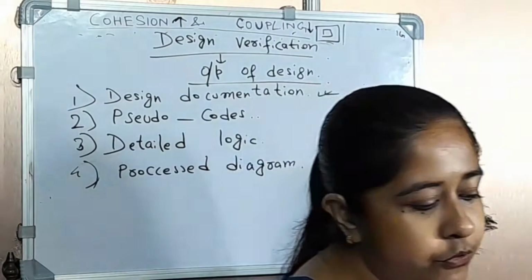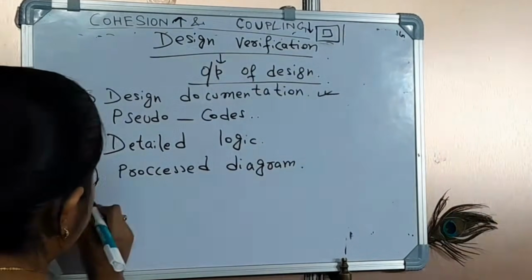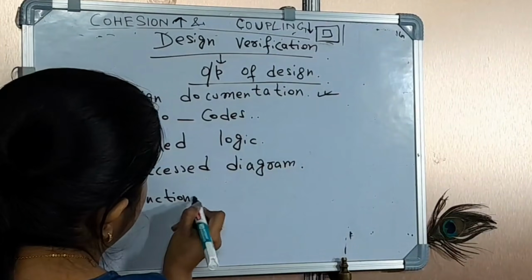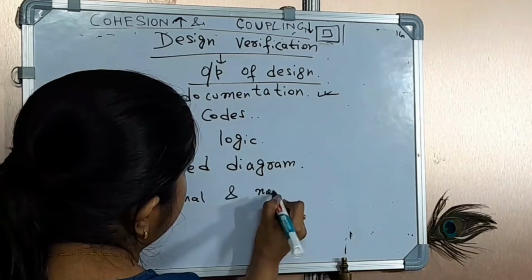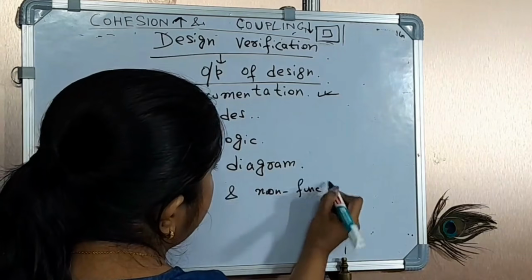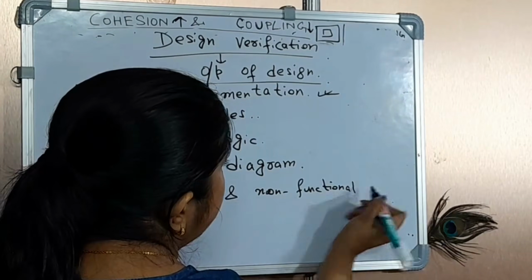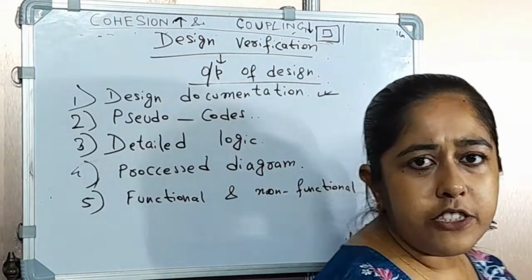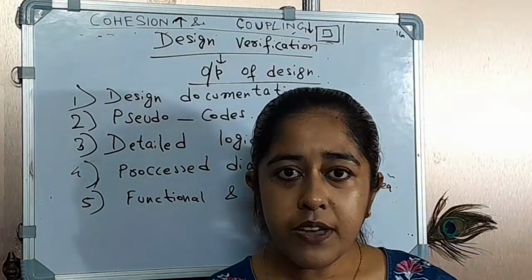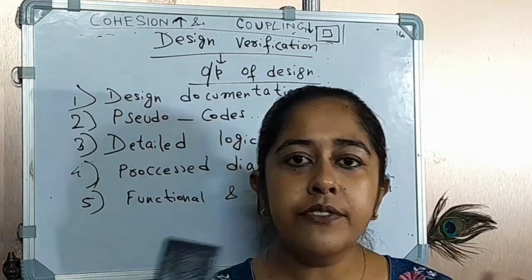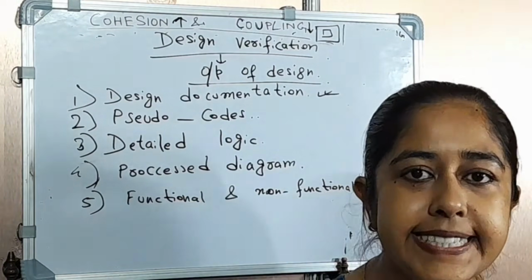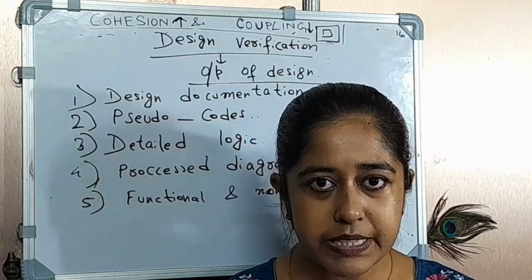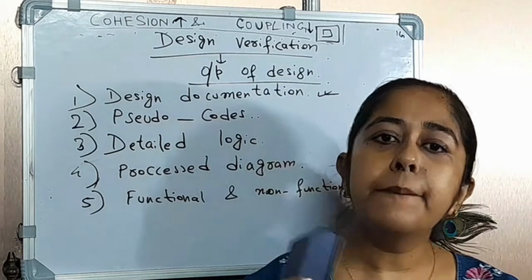And the fifth one is our functional and non-functional requirements. Okay, functional and non-functional requirements. These were also there after your SRS document was done. But now, when you have the detailed design, whatever the functional or non-functional requirements were there will be updated.